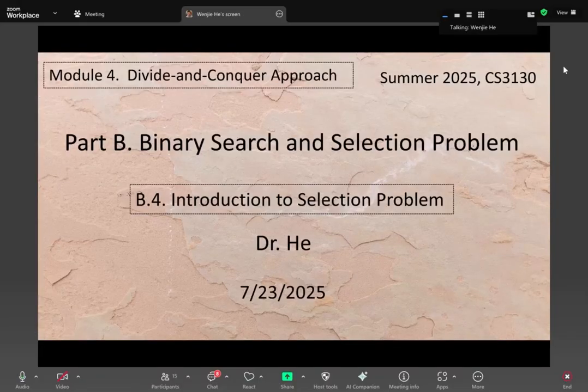I do not want to talk about the algorithm finding the solution of the general selection problem, because that's very complicated. That algorithm is given in our textbook, but if I talk about that algorithm, then we don't have enough time. So here I just give you the final result.